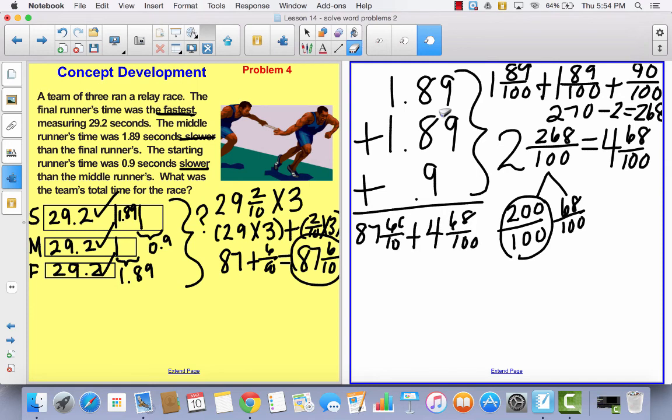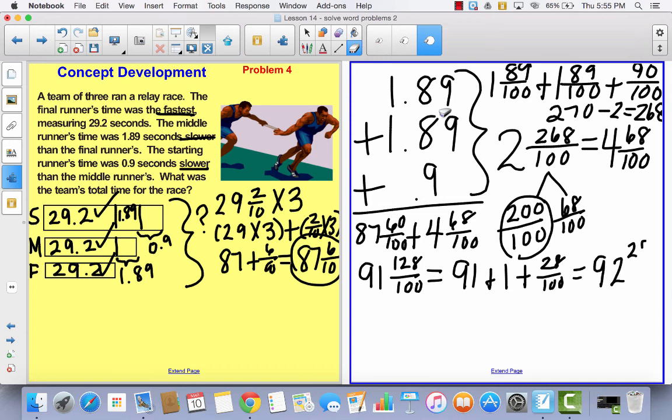So this is going to be the same as 60 hundredths. So 87 plus 4 would be 91. 60 and 68 would be 128 hundredths. That would be the same thing as 91 plus 1 plus 28 hundredths, which equals 92 and 28 hundredths.